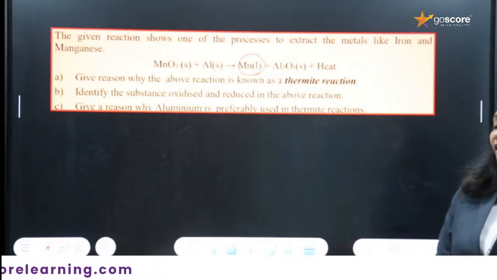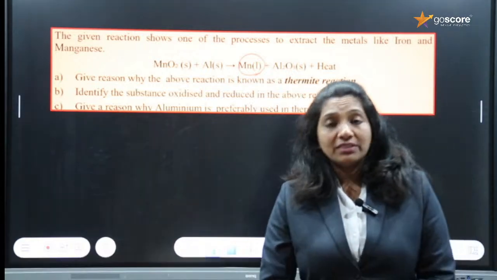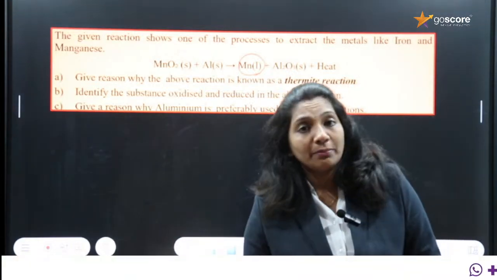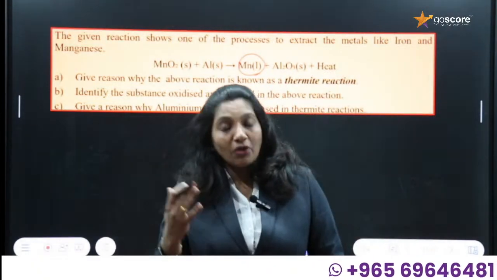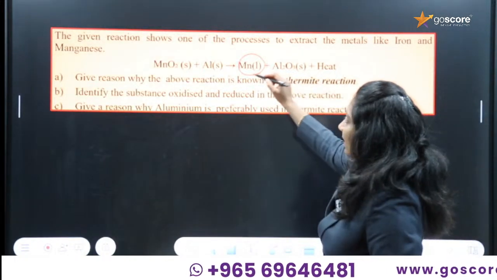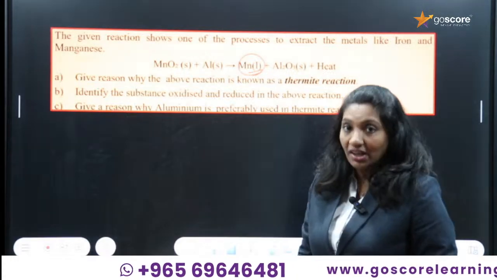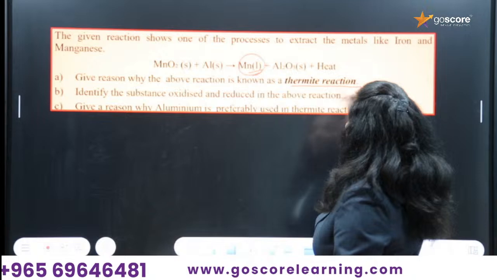As I mentioned, during the reaction, a large amount of heat is liberated and the extracted metal is in its molten state. That's why this reaction is known as thermite reaction.